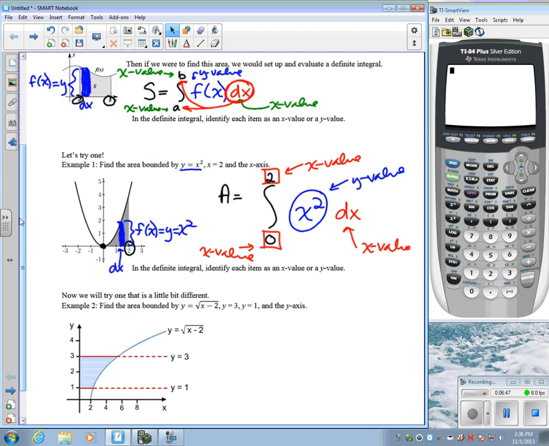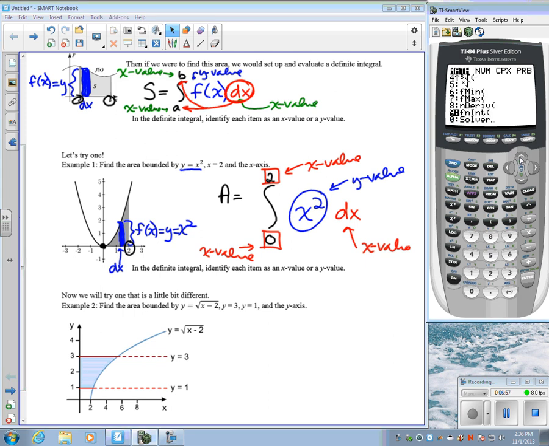And for right now, while we're working with area and learning this, we're going to go ahead and just do our definite integrals with our calculator. So using our calculator, I'm going to go to fnInt, which I think is 9 on everyone's calculator. And again, mine is the old school form. The new school form is going to look exactly like we've already written it on the screen. So if you've got the old school form, we need to say, well, what's the function, which is x squared?